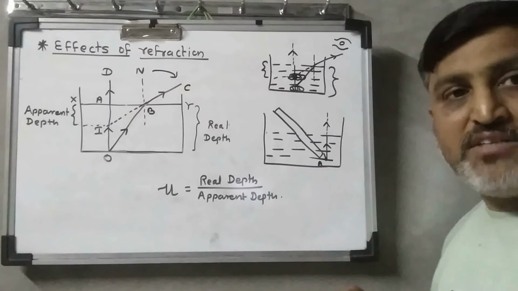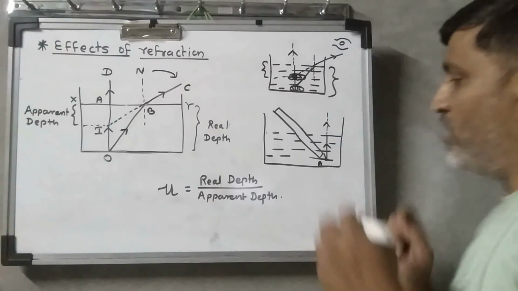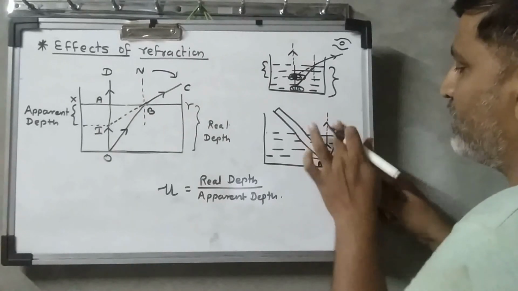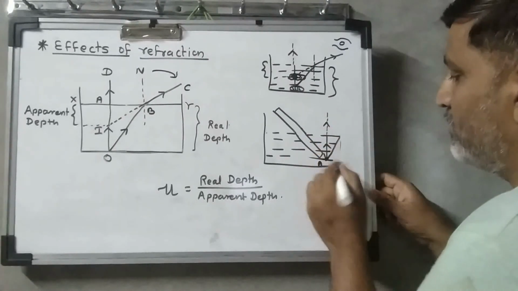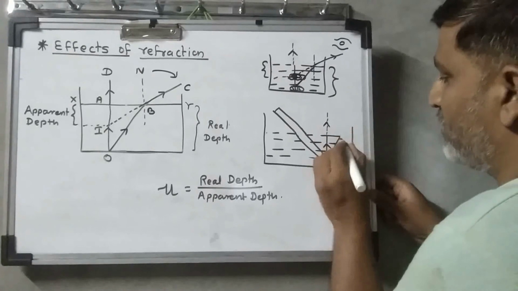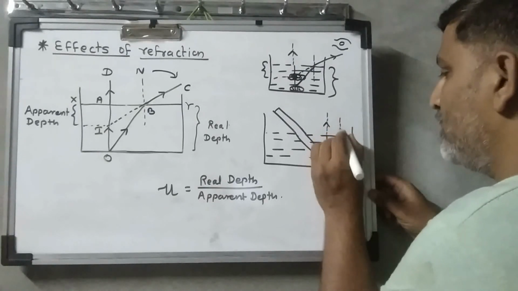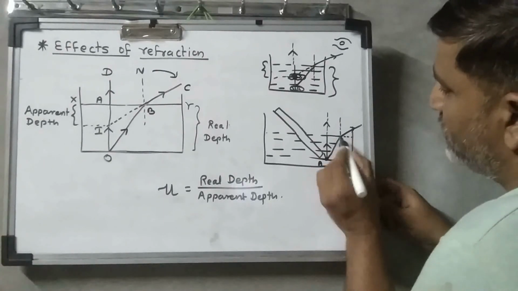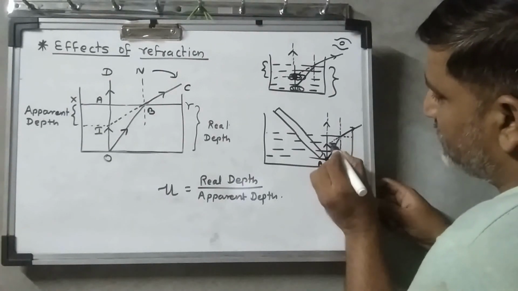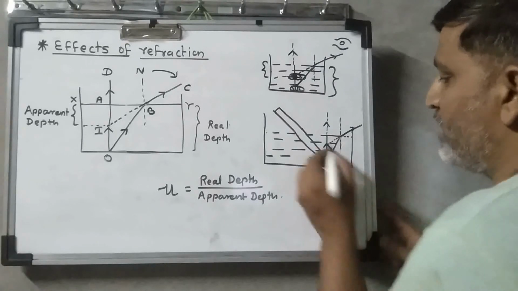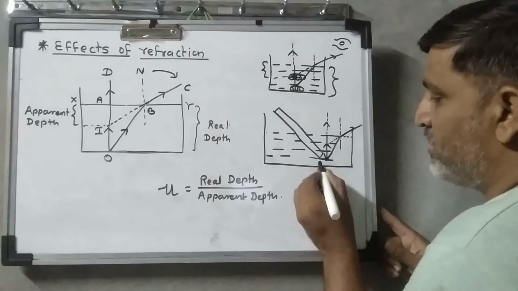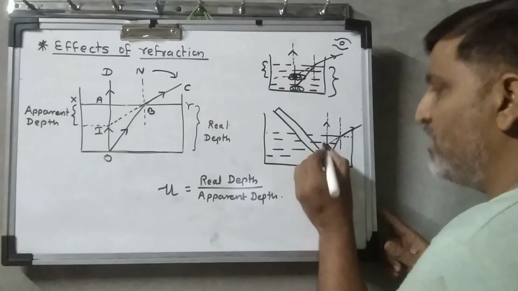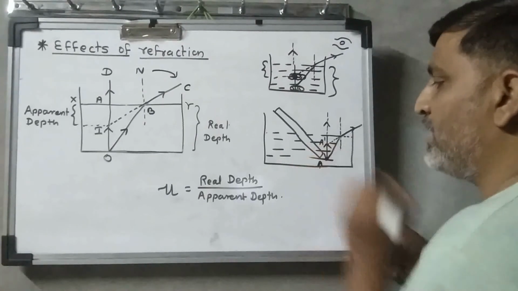Another ray which is incident by making an angle, say i, after refraction bends away from the normal, and as I back produce this ray, I find the tip of the pencil, which was at A initially, is now at a point A dash.